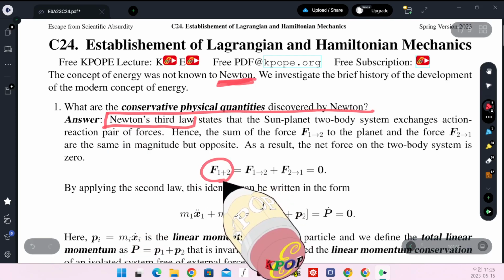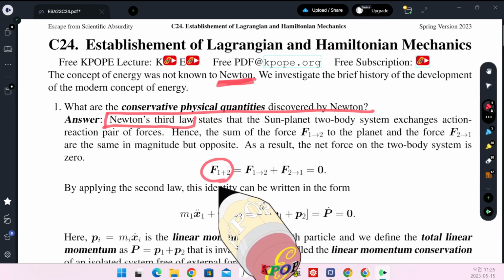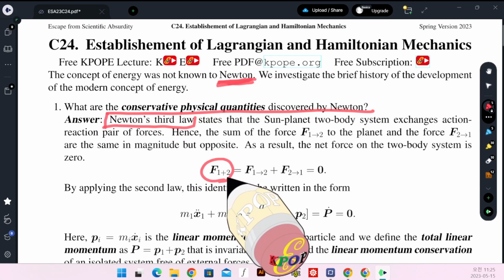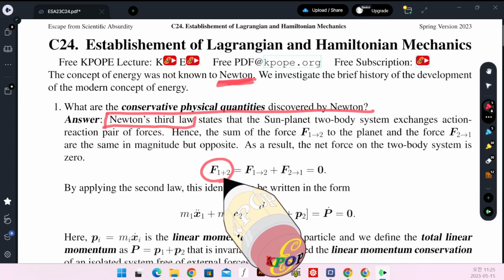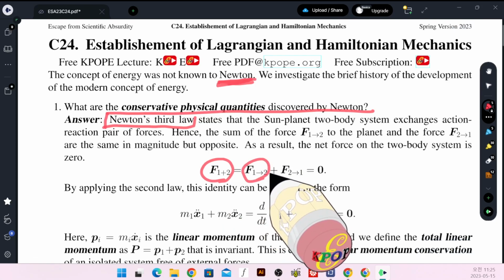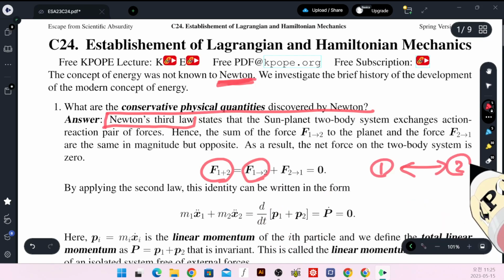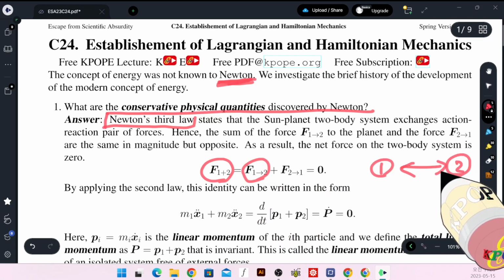The net force applied to the closed system consisting of particles 1 and 2 of mass m1 and m2 is the sum of the force applied to particle 1 and the force applied to particle 2. Particles 1 and 2 communicate with each other through the interaction.